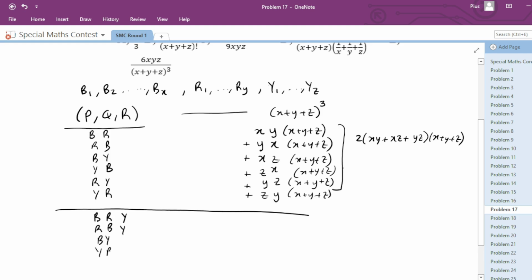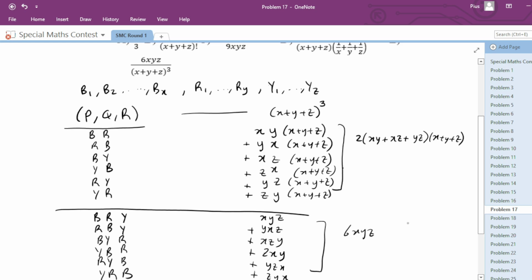So for blue red, the last has to be yellow, so there are Z of them, and we just have different permutations of X, Y, Z: XYZ, XZY, YXZ, YZX, ZXY, and ZYX. Once again we add this up, and we simply get 6xyz.